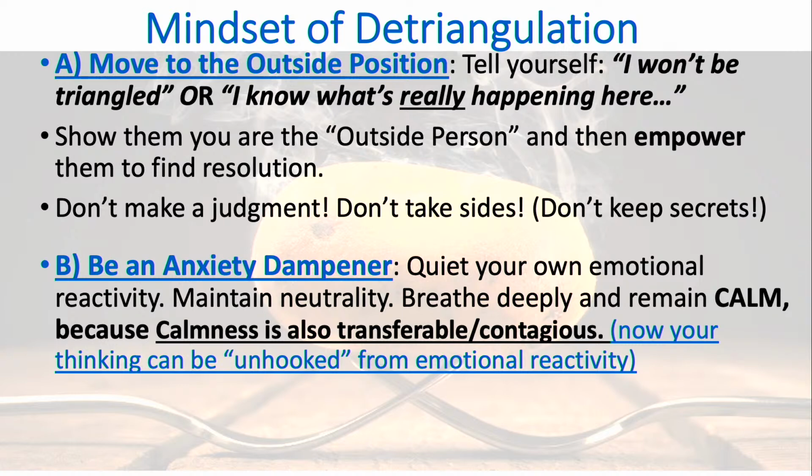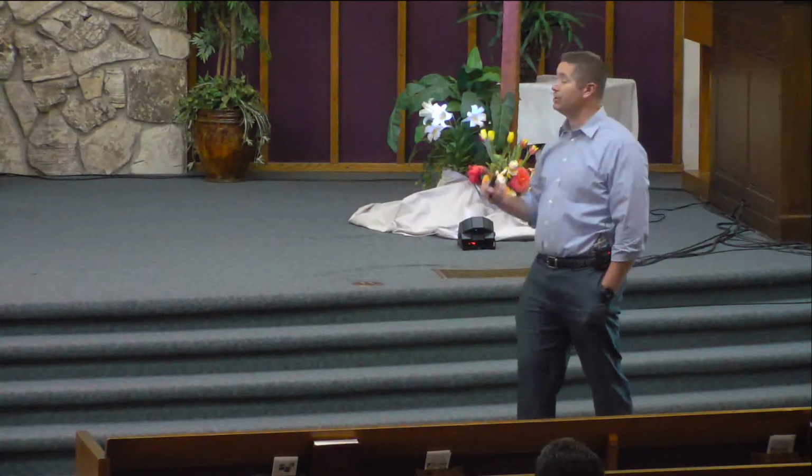So quiet your own emotional reactivity, maintain neutrality, breathe deeply, remain calm, because calmness is also transferable. Here's what's happening. People have too much distress. They try and pass it on to someone else, and they're hoping someone else is going to rescue them from that distress so that they can experience less distress and more calmness.